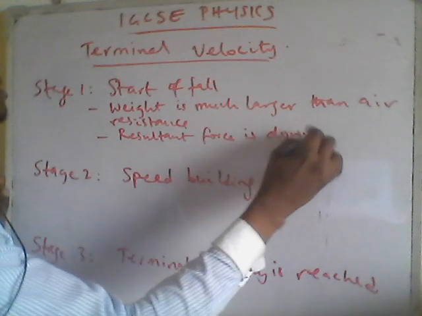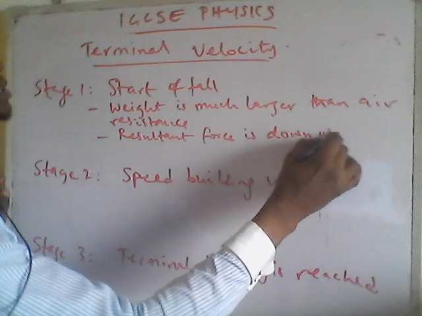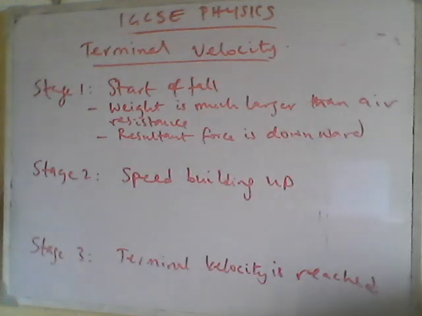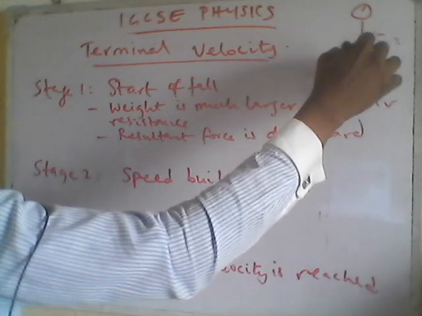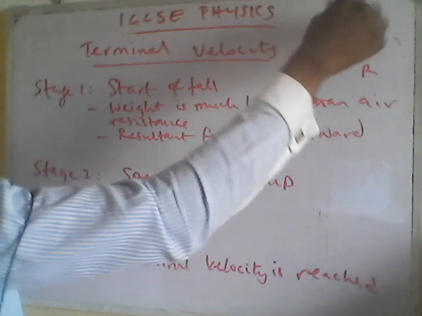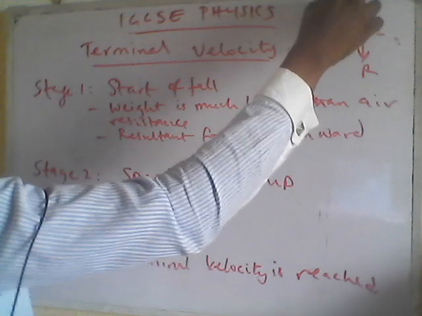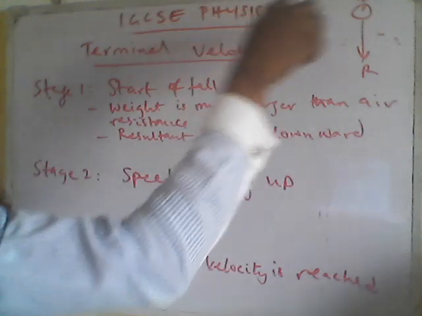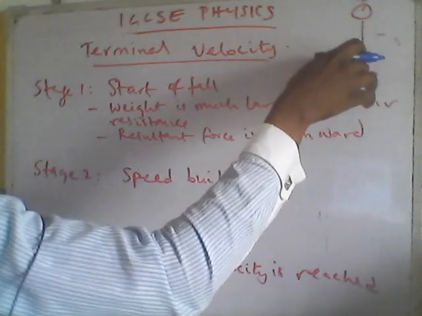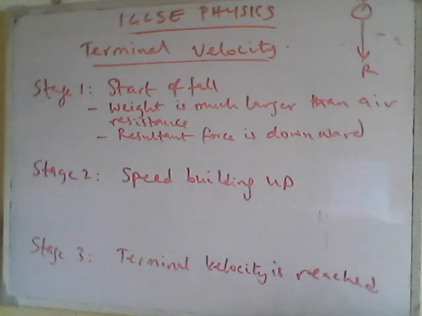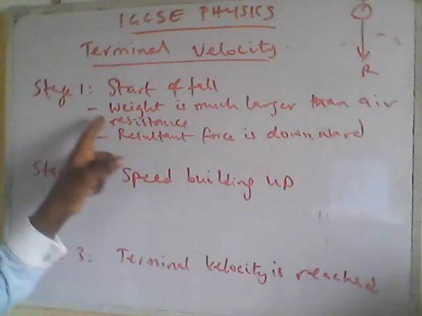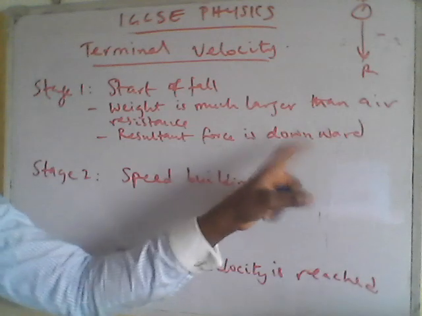What does that mean? It means that there is a greater force pulling it down. This is the body now falling. That resultant force is greater than the one that will sustain it. That is why the thing is falling down. If the force going up was equal to this one, the body would not fall. The body would be stuck in the air. So, at the start of fall, the resultant force is downward.